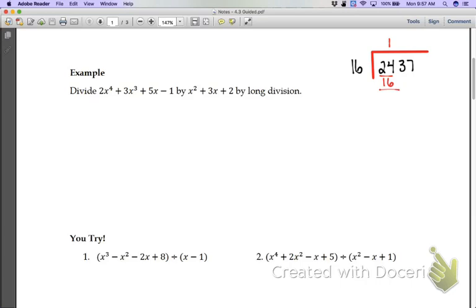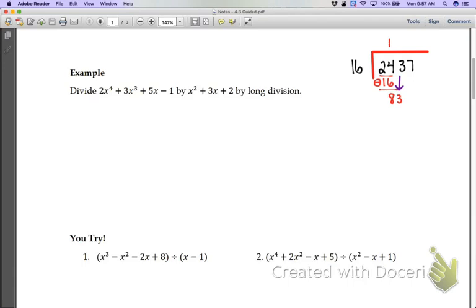Then what did you do with the 24 and the 16? You subtracted it. You changed that sign. So we got 24 minus 16, and we got an 8. Then what did we do? You drop the 3. Drop it like it's hot.